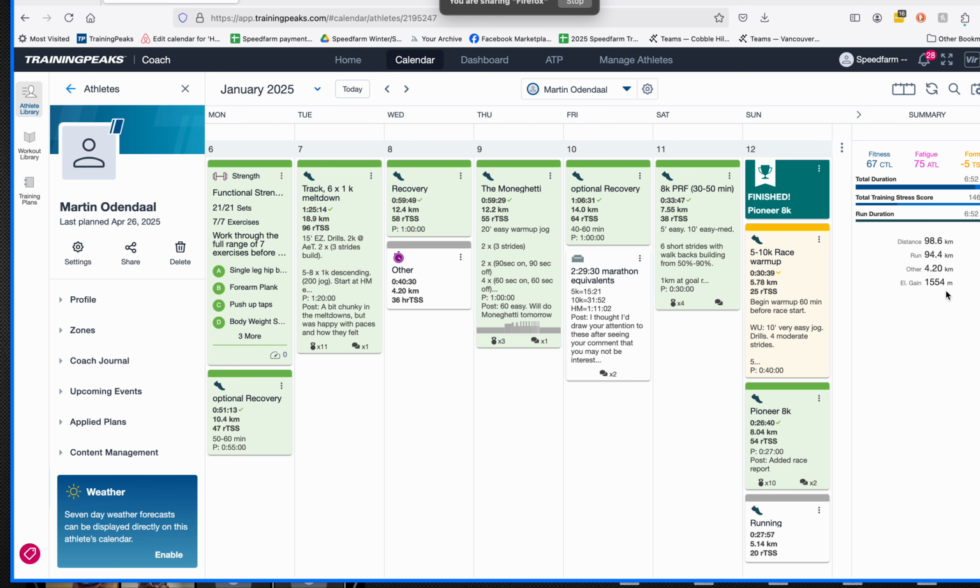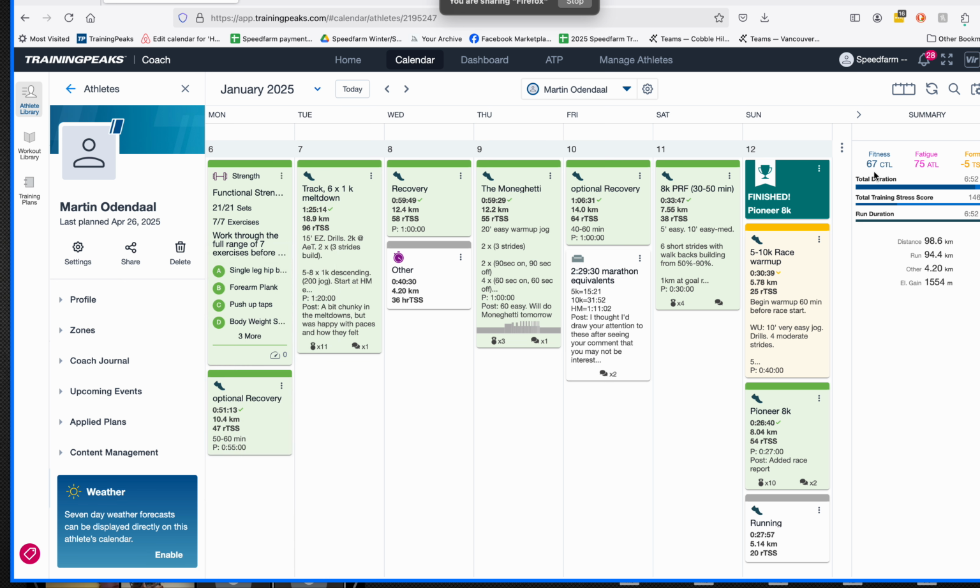One of the important, or maybe the most important elements on this side panel is the total training stress of the week. And you'll see where that training stress gets used in your dashboard graph later. I'll come back to that, but that's an important metric that we can keep an eye on during the week. This training stress is calculated based on the individual training stresses of each of these workouts during the week.